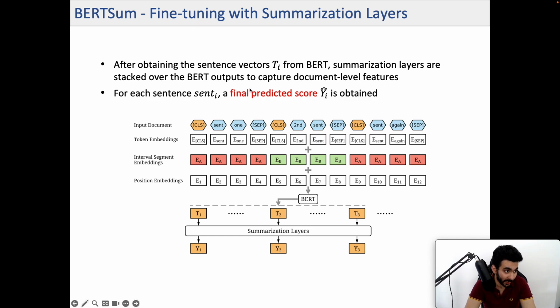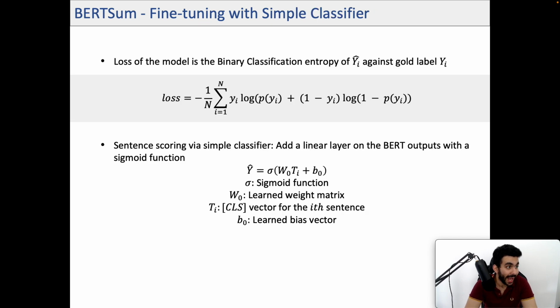Then through some layers, through some fine-tuning here, we get a final predicted score for the different T's. And in that perspective, the loss of the model is a binary classification entropy. We said it's a classification problem throughout fine-tuning.